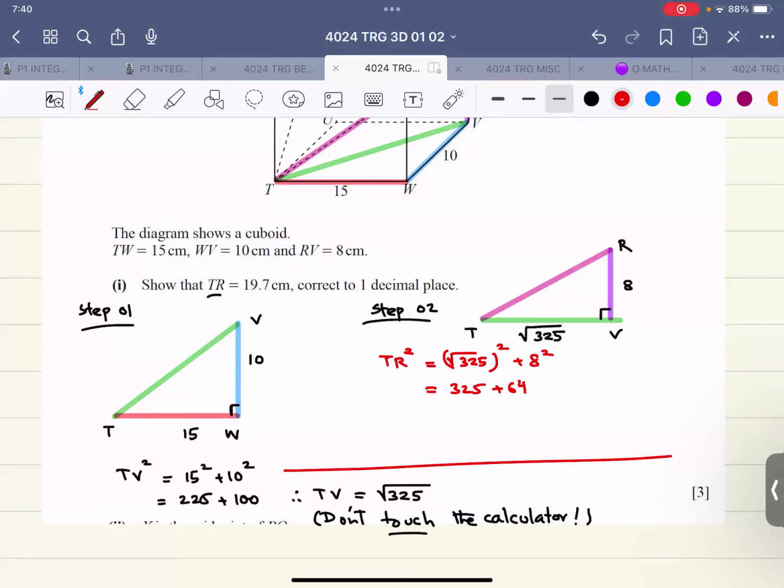That's 389. So therefore, TR is square root of 389. The answer is already given correct to 1 decimal place. So all I have to do is press the calculator button and I'm getting 19.72. That is 2 dp, and then round it off, which is 19.7, 1 dp.